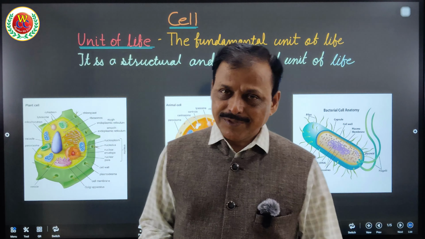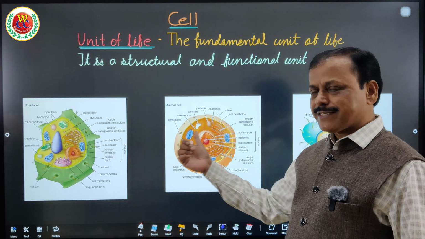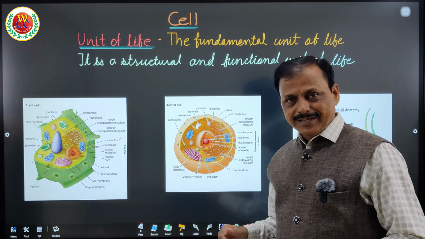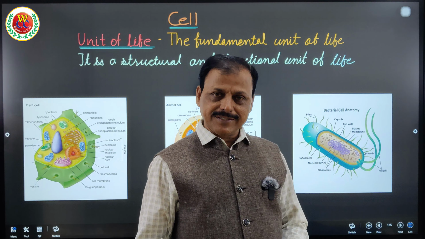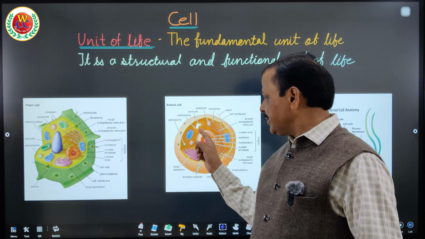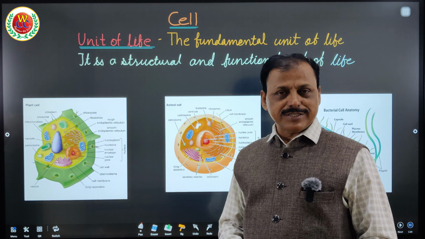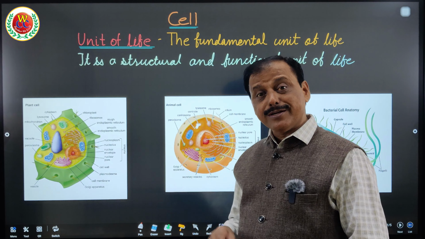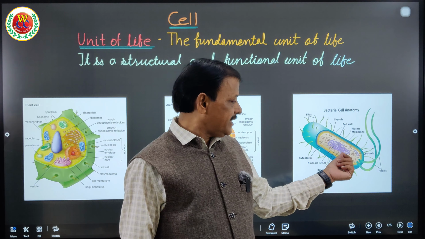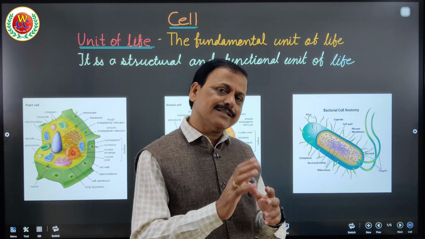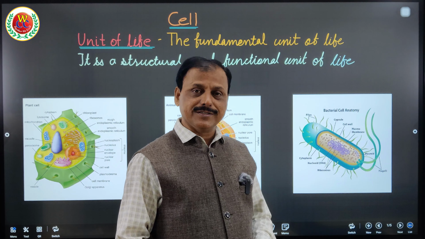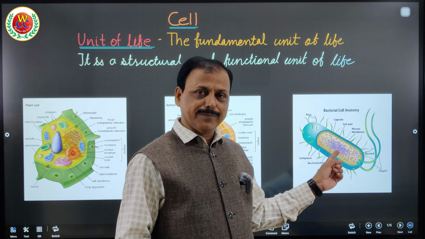As you are studying about plant cell, animal cell and bacterial cell, these two are eukaryotic cells and this one is a prokaryotic cell. These eukaryotic cells are so called because they have a nuclear membrane around their chromosome or genetic material, that is, they have a well developed nucleus. Here there is no nuclear membrane; the genetic material lies directly in the cytoplasm, and therefore it is known as nucleoid, without nuclear membrane.